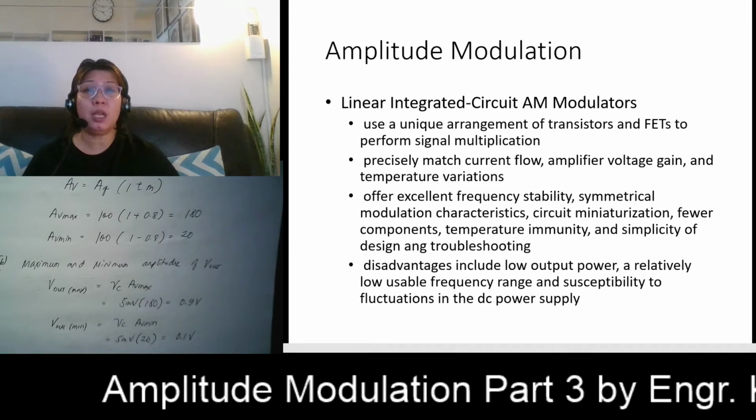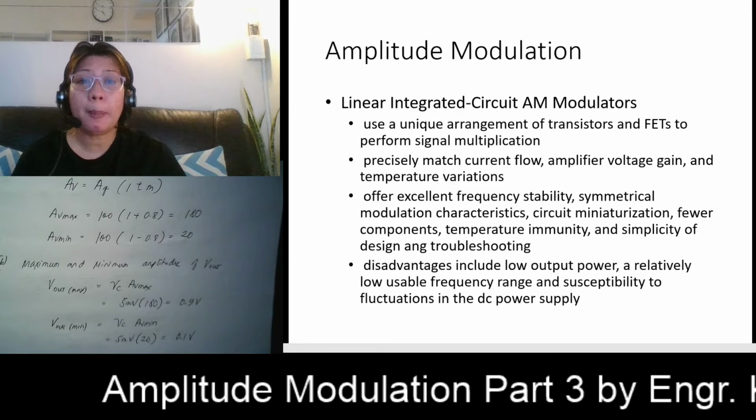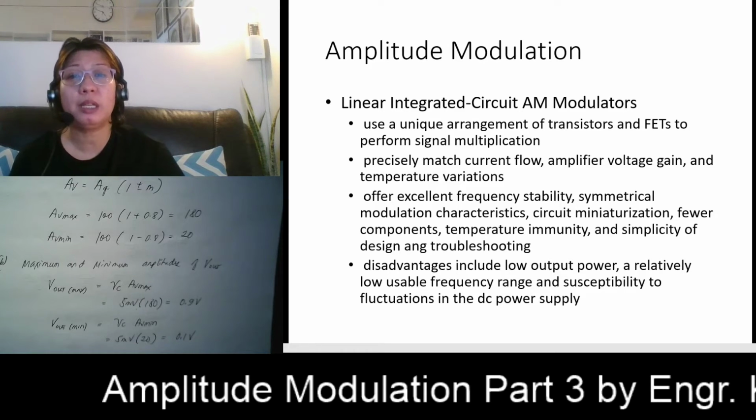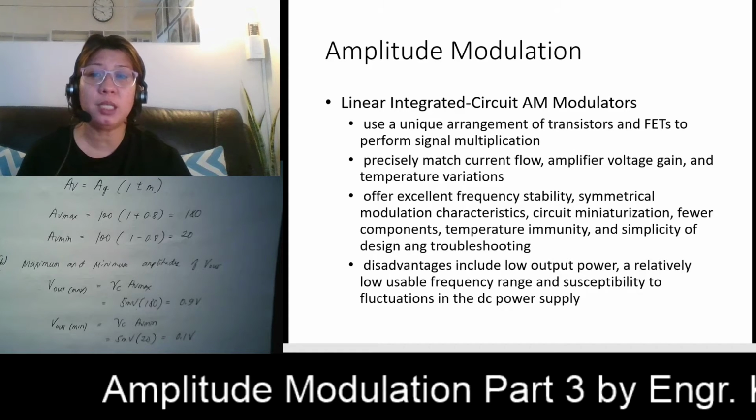This uses a unique arrangement of transistors and FETs to perform signal multiplication. They precisely match current flow, amplifier voltage gain, and temperature variations. They offer excellent frequency stability, symmetrical modulation characteristics, circuit miniaturization, fewer components, temperature immunity, and simplicity of design and troubleshooting.